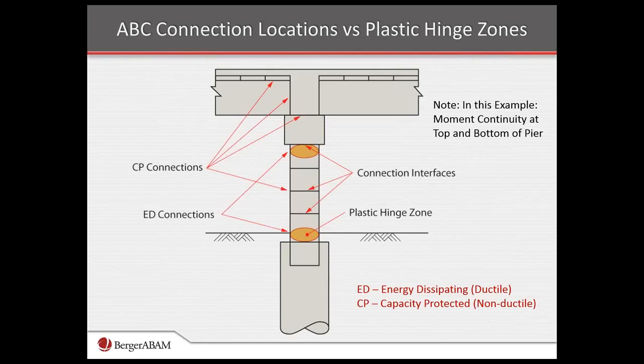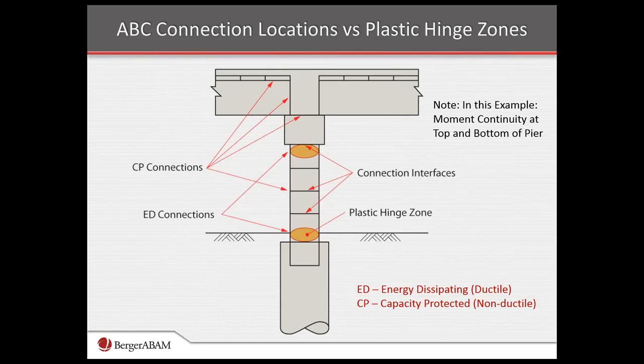Now, we may have other connection interfaces in the system that are not adjacent to these plastic hinge zones, and those connection locations, their job is to develop the strength, not necessarily the ductility that's required in the plastic hinge zone. So there's a somewhat lower demand for those capacity protected, potentially non-ductile connections.